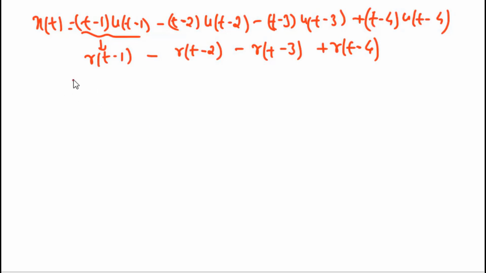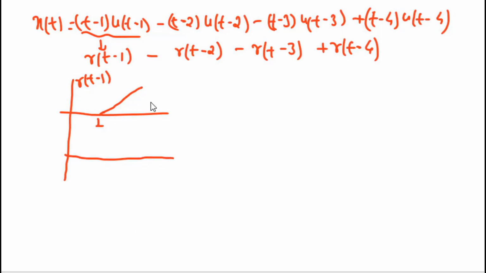So you can plot this r of t minus 1 as starting from 1 with a positive slope. Similarly, you can plot minus r of t minus 2, which starts from 2 and goes with a negative slope.